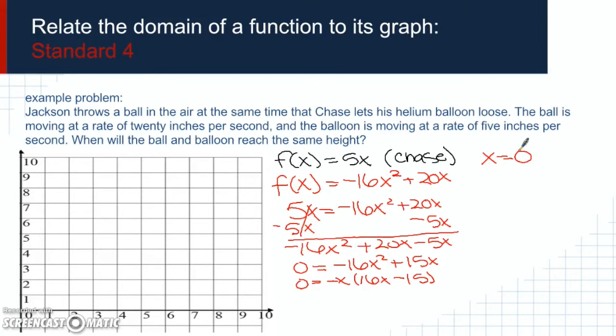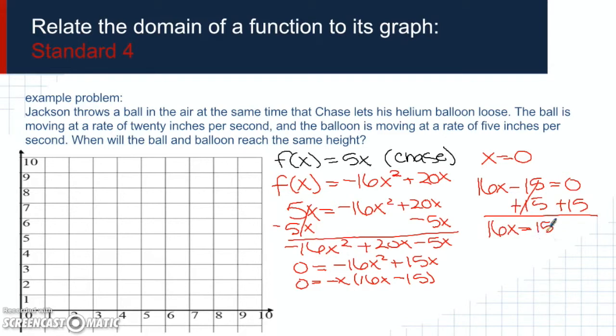Now, to find when both the ball and balloon reach the same height, you would take your equation 16x minus 15 equals 0, and you would add 15 to both sides, which would give you 16x equals 15.